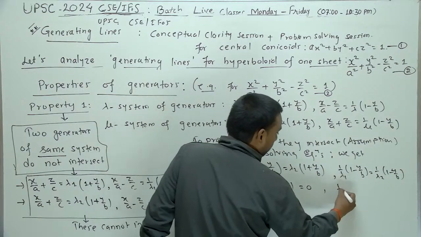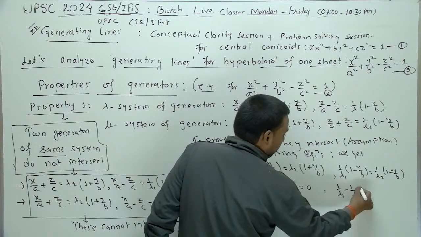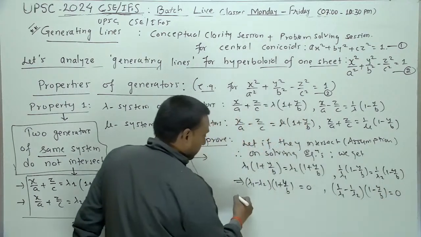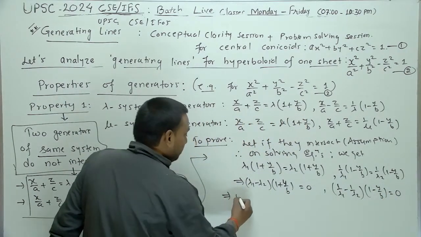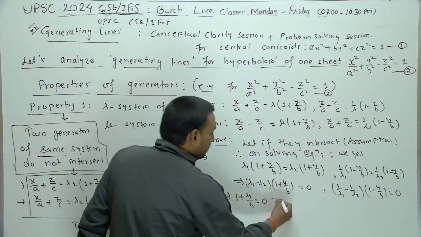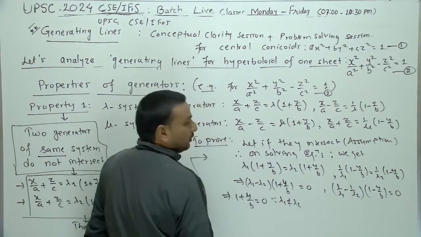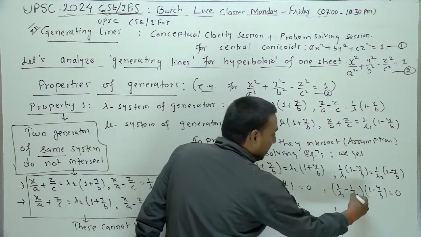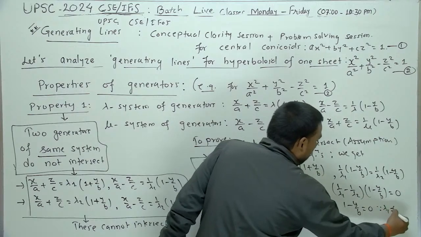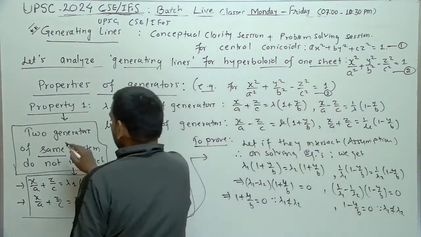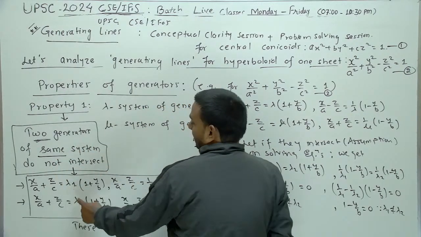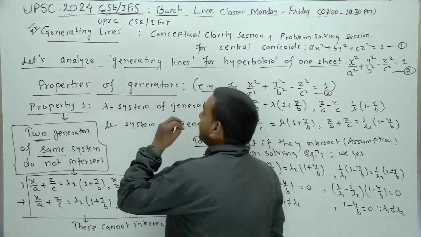This implies 1 upon lambda 1 minus 1 upon lambda 2, 1 minus y upon b equals 0. This implies 1 plus y upon b equals 0, since lambda 1 is not equal to lambda 2. Similarly, this implies 1 minus y upon b equals 0, because lambda 1 and lambda 2 are two different generators, so lambda 1 cannot be equal to lambda 2.